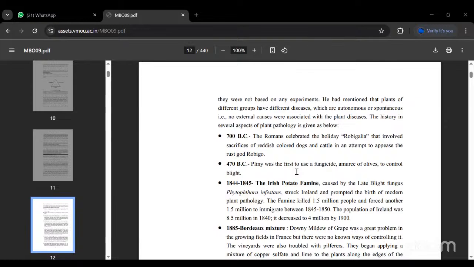In 470 BC, Pliny was the first to use fungicides, such as a mixture for olives and control of the blight.